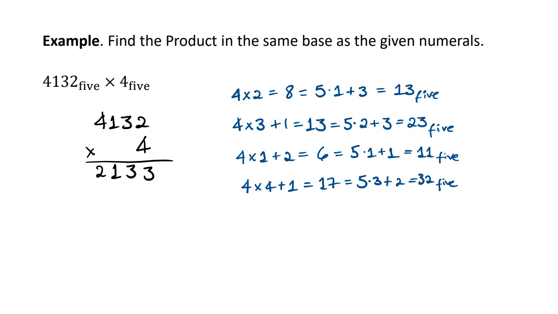But of course, there's nothing else to add. So I just write down that, or some people call it the final carry. You just bring down that 3. It's not added to anything else or multiplied to anything else. So my final answer is going to be 3, 2, 1, 3, 3, base 5.